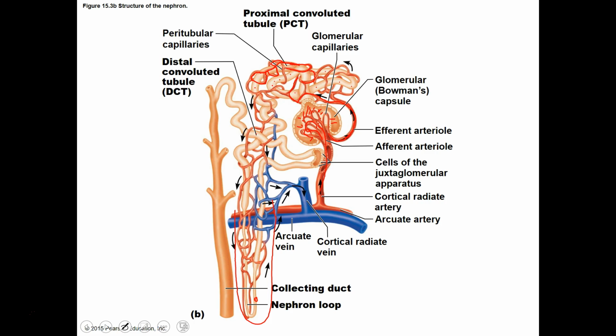Okay? Probably a little bit of fluid too, not a whole lot, but a little bit of fluids are going to be picked up there. And different things are going to be picked up in different areas, proximal and distal in the loop. It has different channels and gateways that are going to open up and allow fluids to move in different directions, nutrients and fluids to move across those membranes and be reuptaken by the blood vessels.